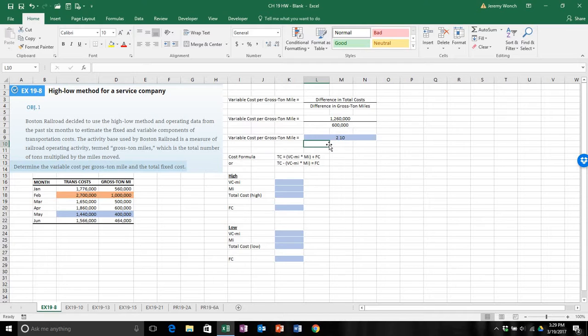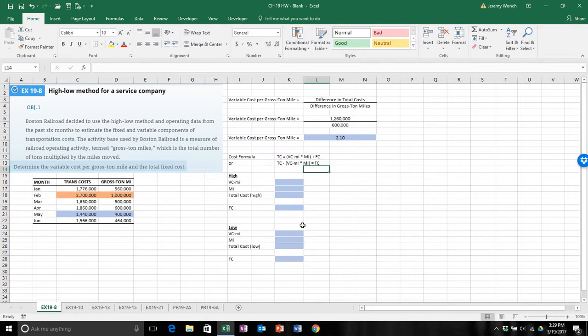And so now if we want to figure out how much the fixed costs are, that's when we go into this high-low method. We have a formula for cost, which says the total cost is equal to the variable cost plus the fixed cost. In this case, the variable cost is going to be the variable cost per mile, which is our 2.10, times the total miles that we actually went.